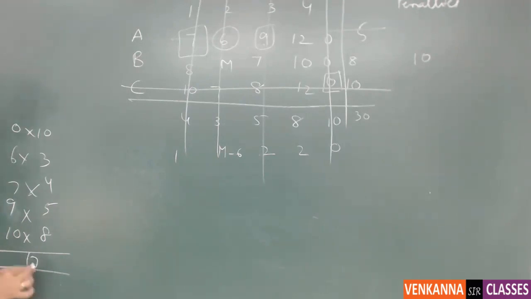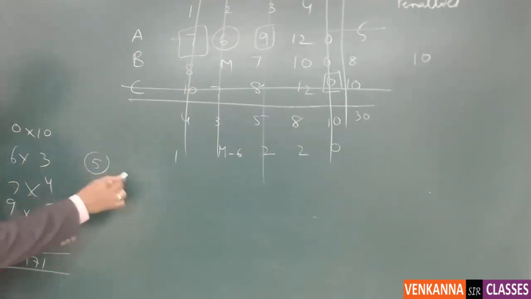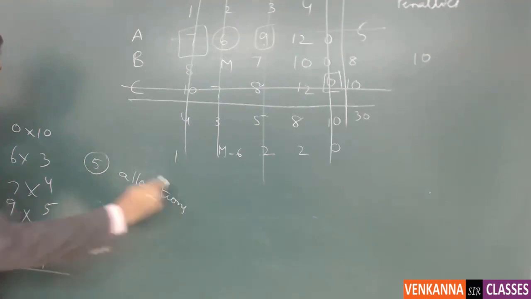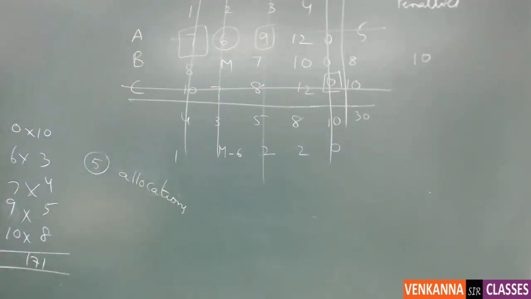171, right. Now if you check that 1, 2, 3, 4, 5, you got 5 allocations there. Now what happened here? If you check for that, you have 5 columns and 3 rows, total 8.